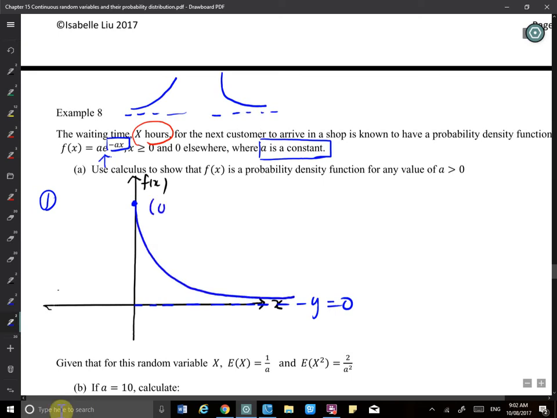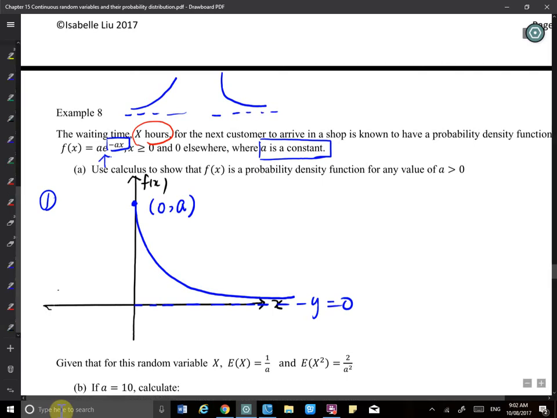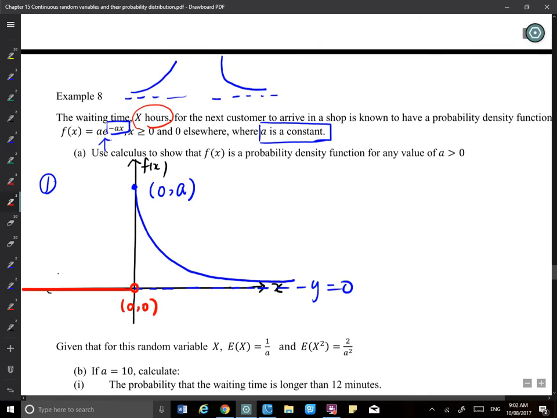This coordinate will be (0, a), because when you substitute 0 into the function, e to the power of 0 is 1, and times a is a. And 0 anywhere else. You have an open circle here, and you have a line to the left. So that point is (0, 0), but it's an open circle.